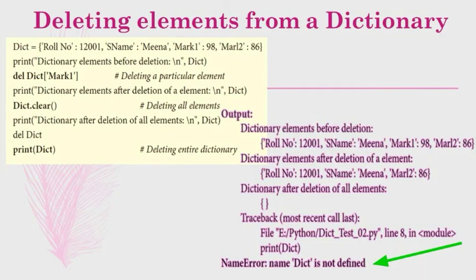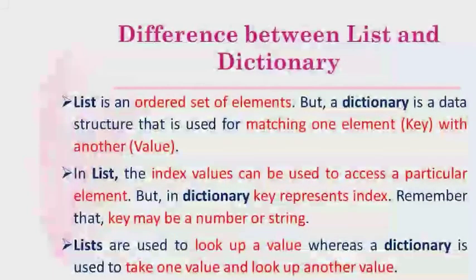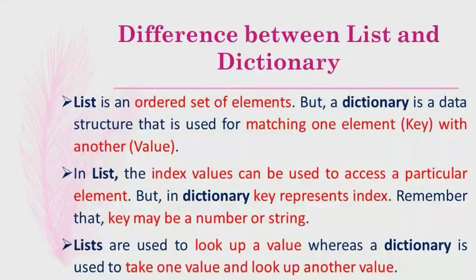And the next topic is the difference between list and dictionary. A list is an ordered set of elements, but a dictionary is a data structure that is used for matching one element, the key, with another value.